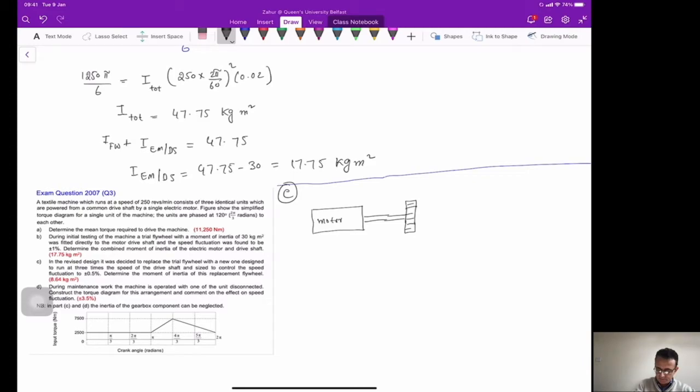So the flywheel is connected here, and this is our flywheel, and this is the unit, the textile machine.